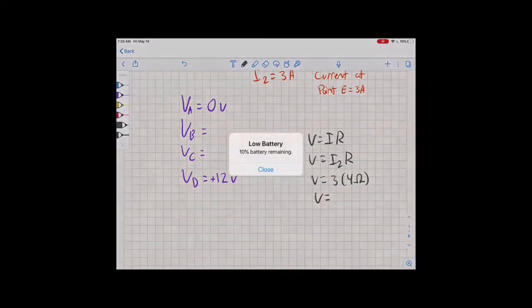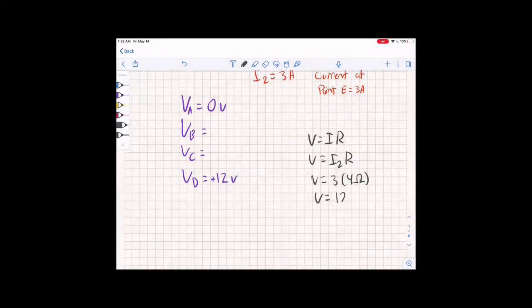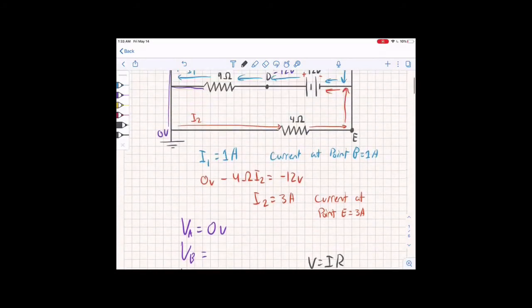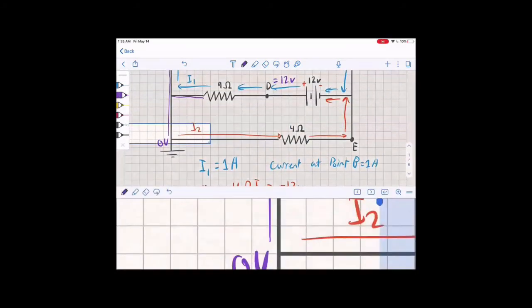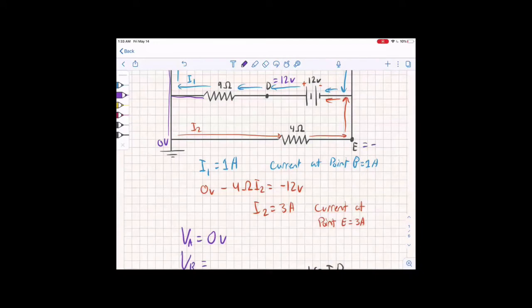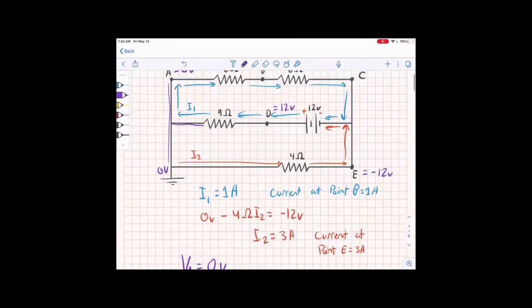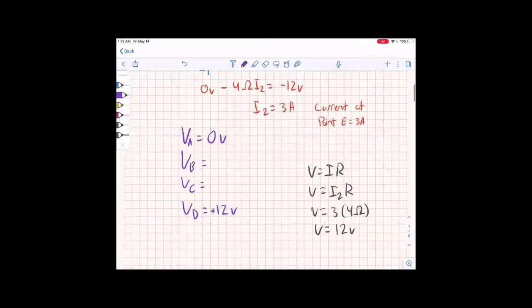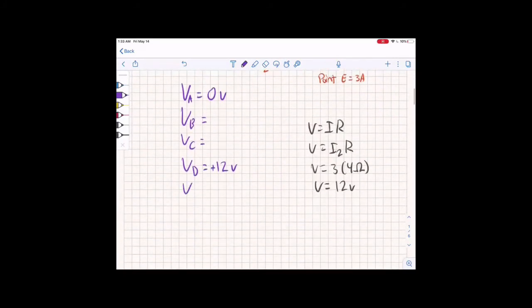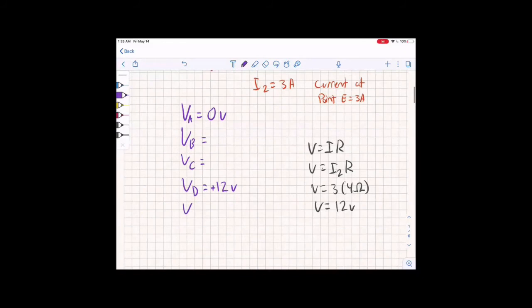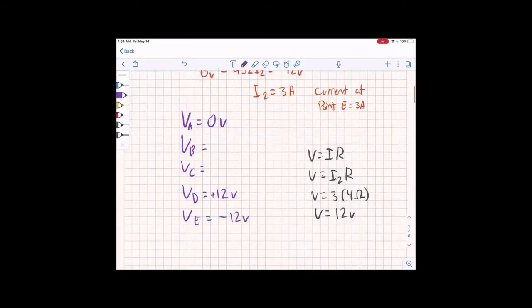So the voltage at this point is going to be 12 volts. And it's actually going to be negative 12 volts because it's on the negative side of the battery going to the 0 ground. So at point E, it's going to be negative 12 volts.